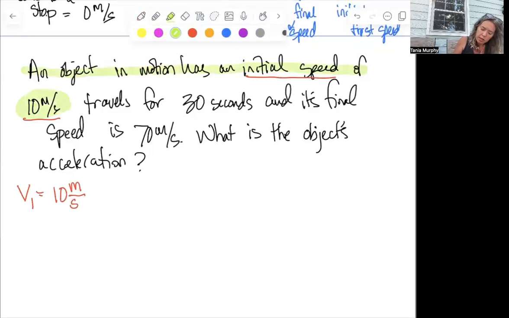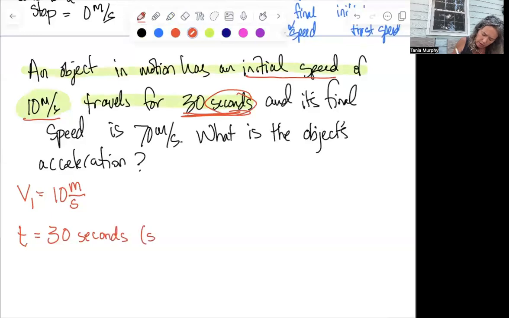I'm going to continue reading. Travels for 30 seconds. There's another important piece of information. Seconds is a unit of time. So time equals 30 seconds, or S.